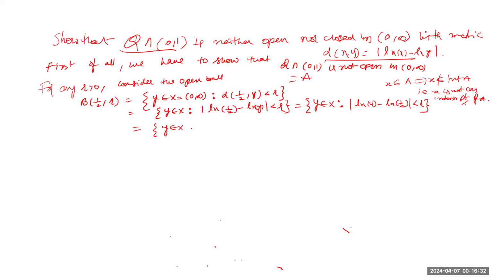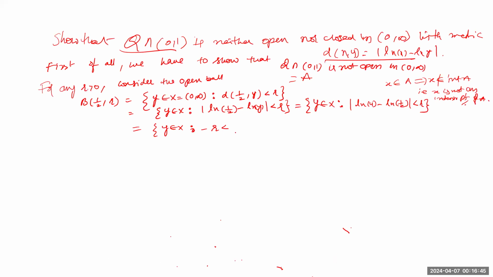Minus R is less than ln Y minus ln of 1 by 2, which is less than R. Now I am adding ln 1 by 2 on both sides.